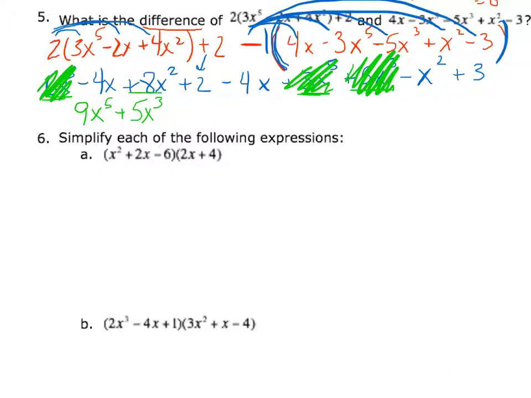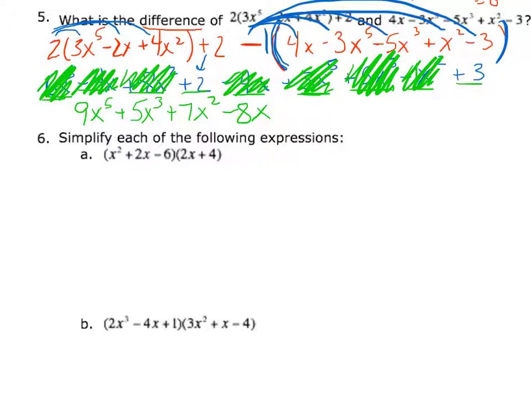Now x squared comes next. 8x squared minus x squared, that's like a minus 1. So plus 7x squared. Negative 4x and negative 4x is negative 8x. And then positive 2 and positive 3 is positive 5. So this here is the final answer.